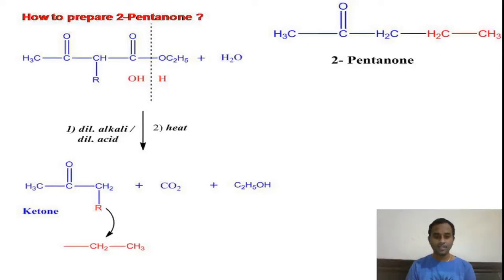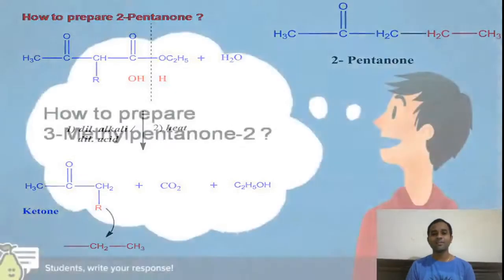If you compare that final ketone product with our desired 2-pentanone, we have to replace the R group with the ethyl group. Yes or no? Yes. So by doing ethylation at the active carbon on the acetoacetic ester followed by ketonic hydrolysis, we will get 2-pentanone as the product.